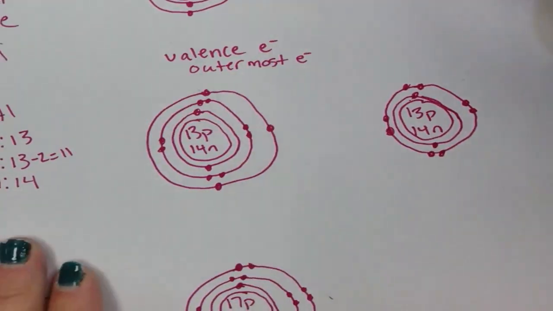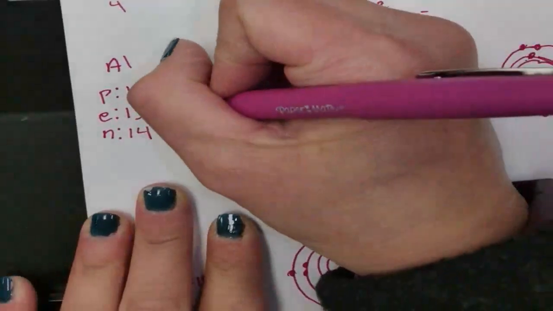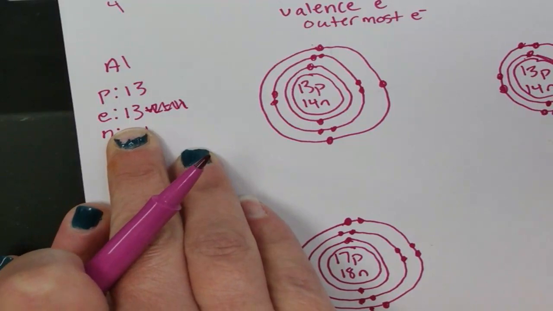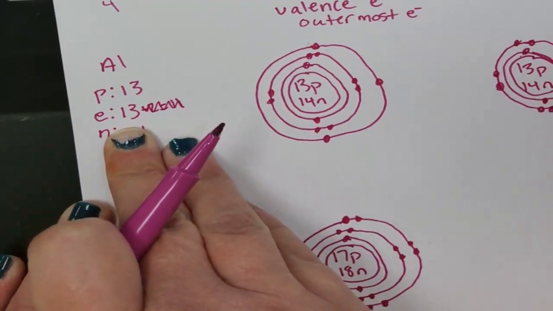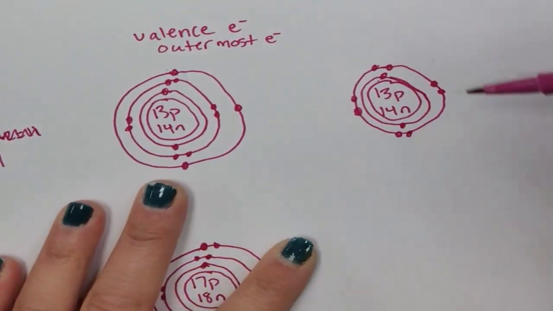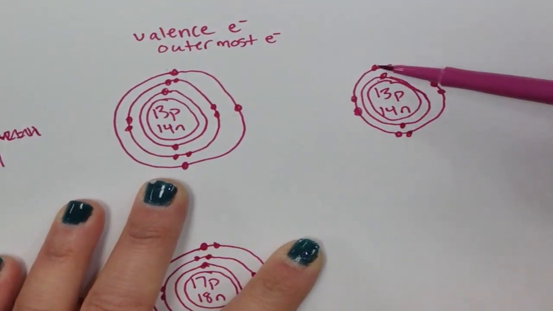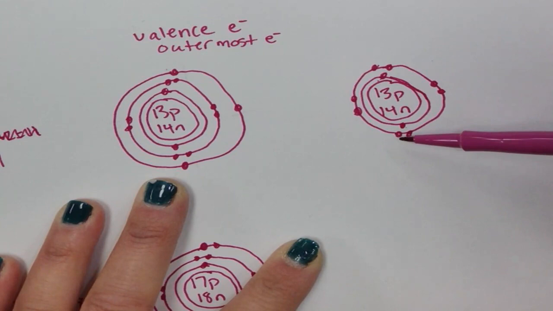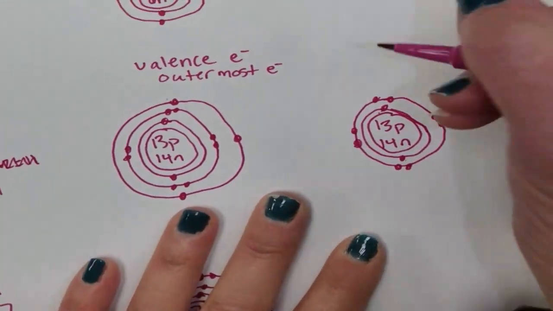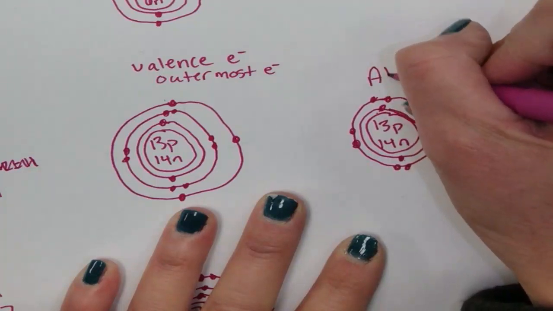If aluminum had 13 electrons to begin with, and it loses 3 electrons to form an ion, it would have 10 electrons. So this is an aluminum ion.